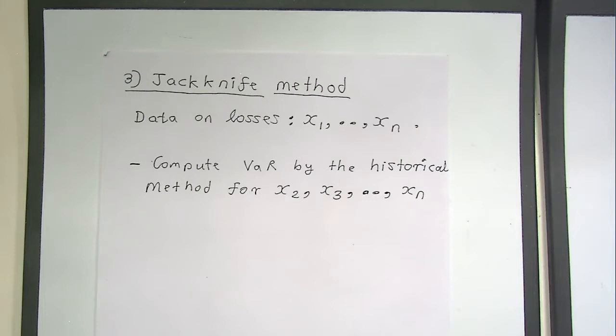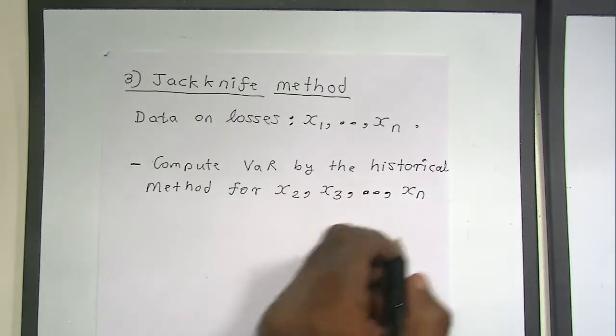So what I have done here is excluded the first data point, x1. I've removed the first data point and consider the remaining data, and for the remaining data, I compute VaR by the historical method.